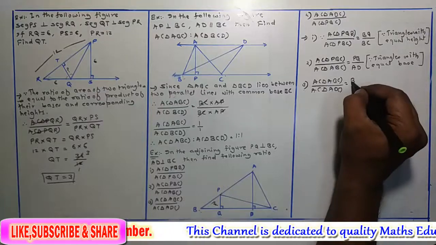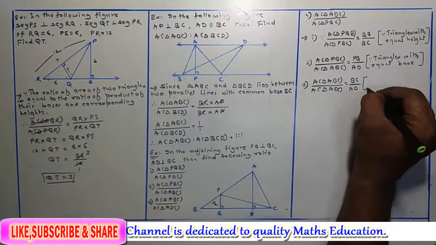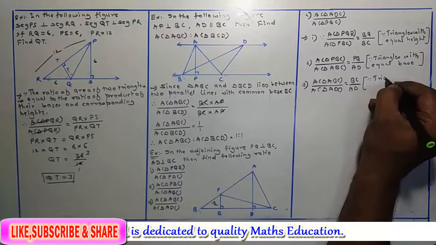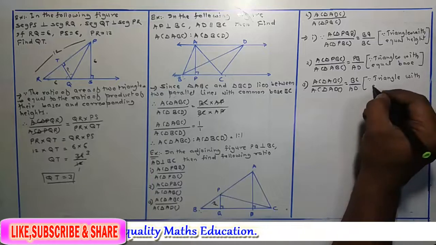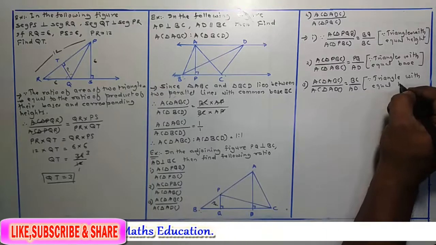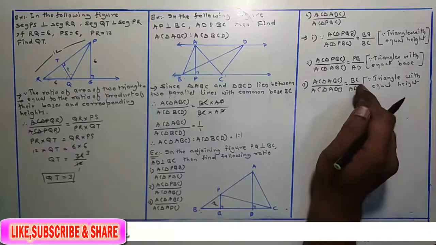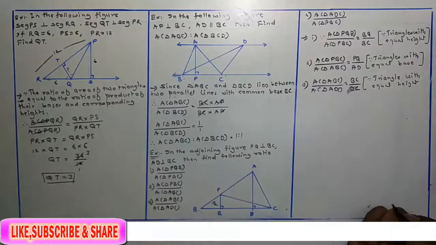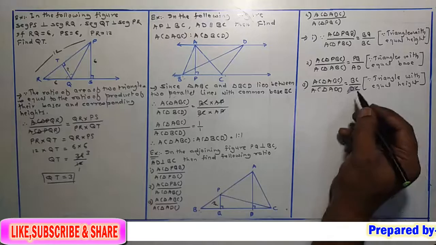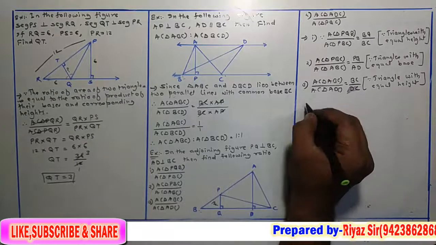Here we write, since triangles with equal height, BC upon, not AD, here it will come as DC, BC upon DC. Okay, because both have equal height, ratio of their area is equal to ratio of their corresponding bases.